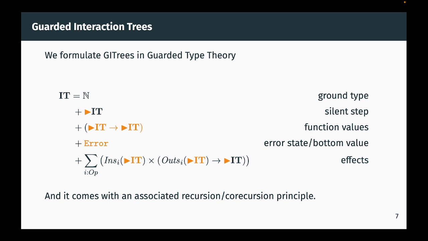Because our functions are guarded, when we apply a function to an argument, we don't get an interaction tree, we only get a later of the interaction tree. Then we need to embed this somehow into the general type, and this results in a silent transition.